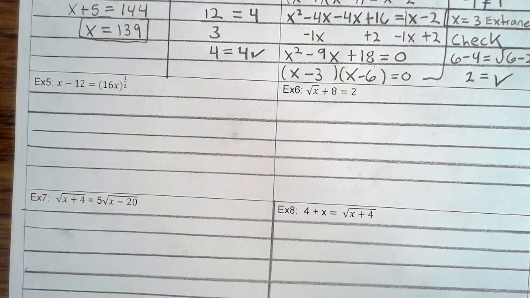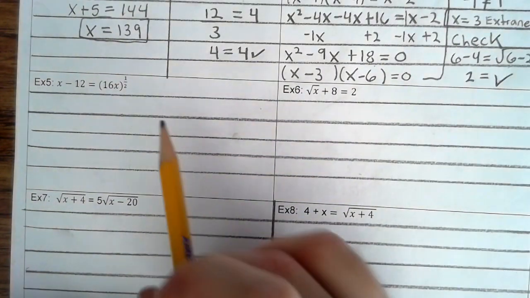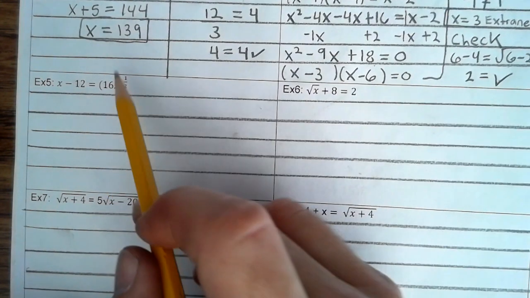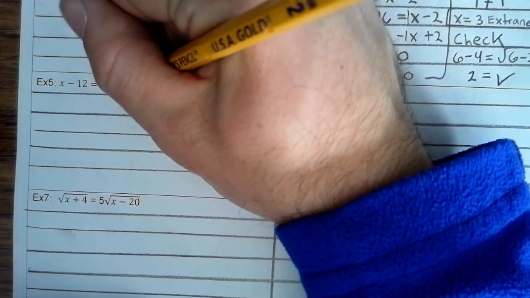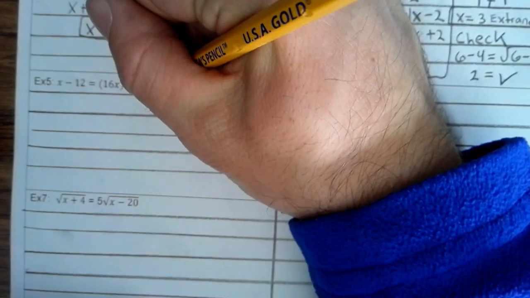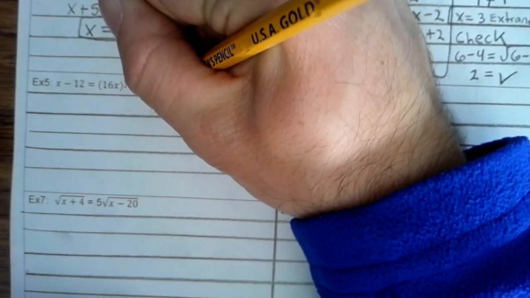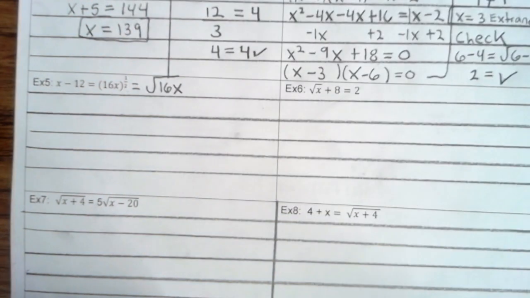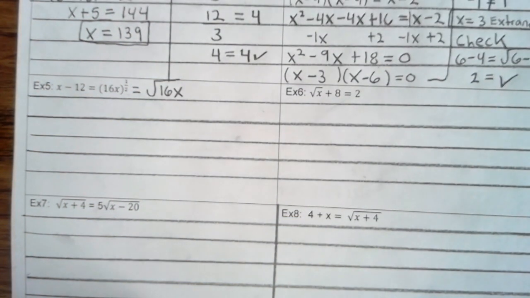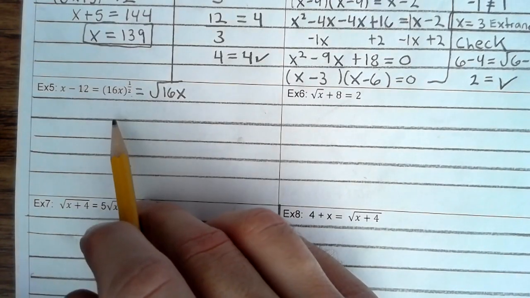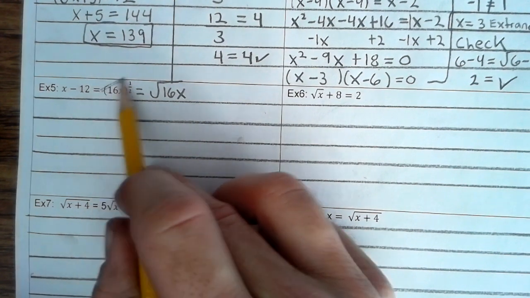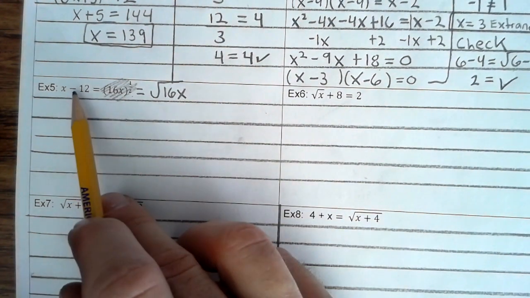Now, in example 2, we worked with the 1/2, but you can write 16 to the 1/2 as the same thing as the square root of 16x. So that's what we're going to do. So in essence, I'm going to ignore this and I'm going to work with this.